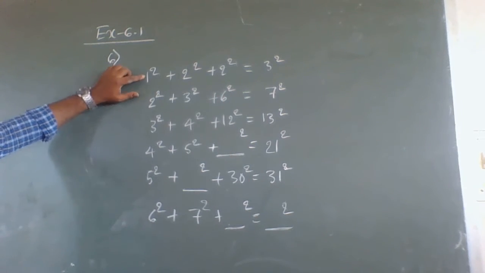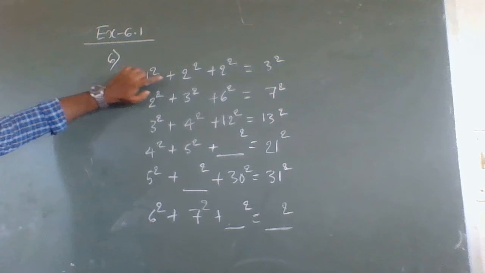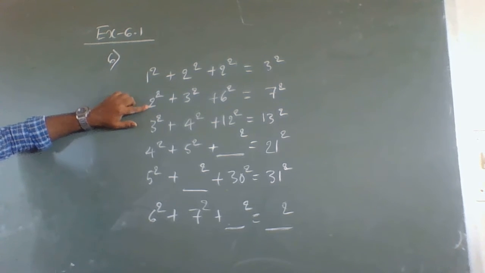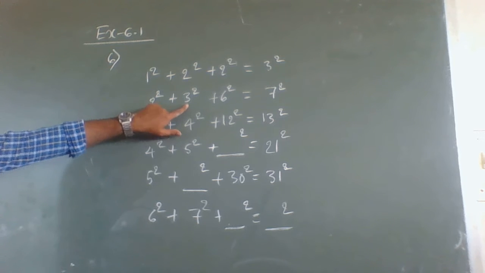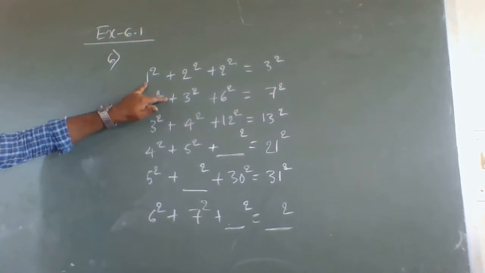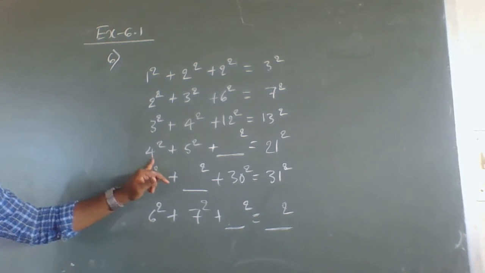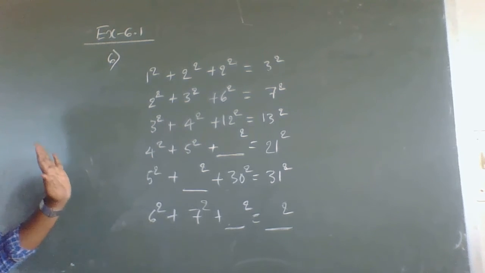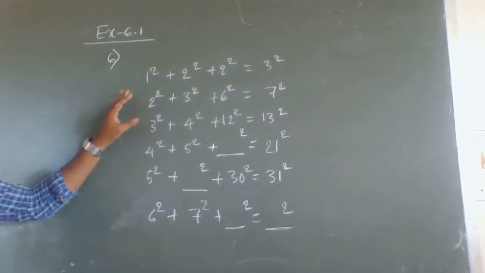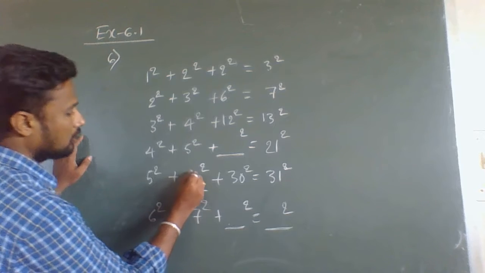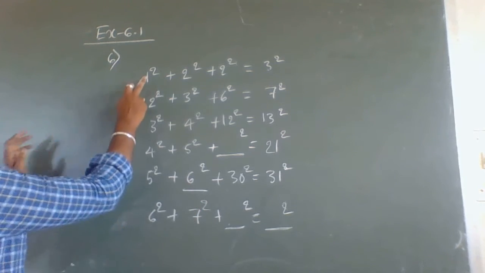First they considered 1 square, the next number is 2 square. Like this, they have given 2 square, the next number is 3 square. Each is 1 greater than the previous: 1 plus 1 is 2, 2 plus 1 is 3, 3 plus 1 is 4, 4 plus 1 is 5. Like this they have given the pattern. So here in this question, what can we write? 6. Why?